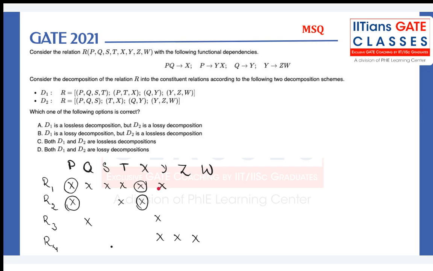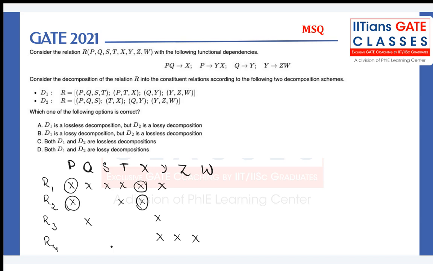Are you able to understand this point, first of all? Okay. Y derives ZW. Are there more than one row with Y marked? Yes, R1, R3, R4 all have Y marked.